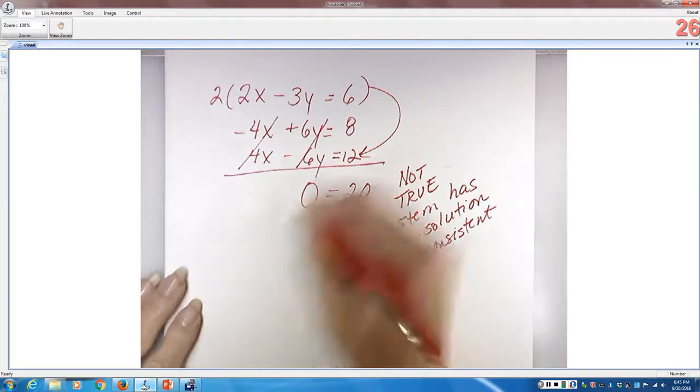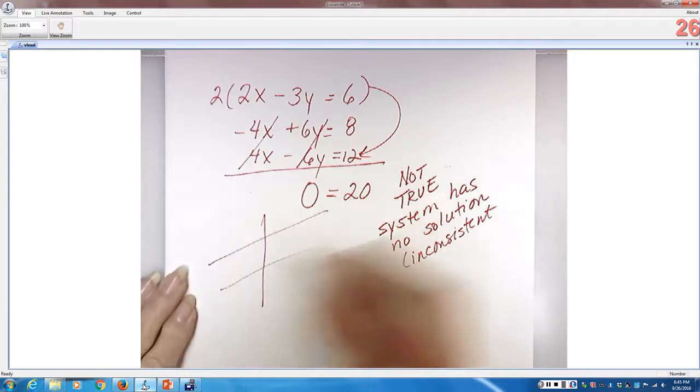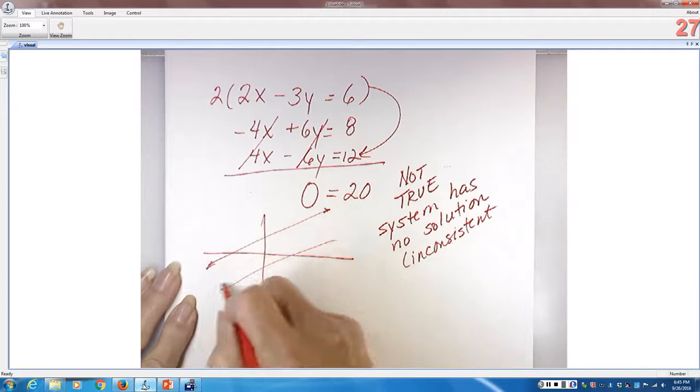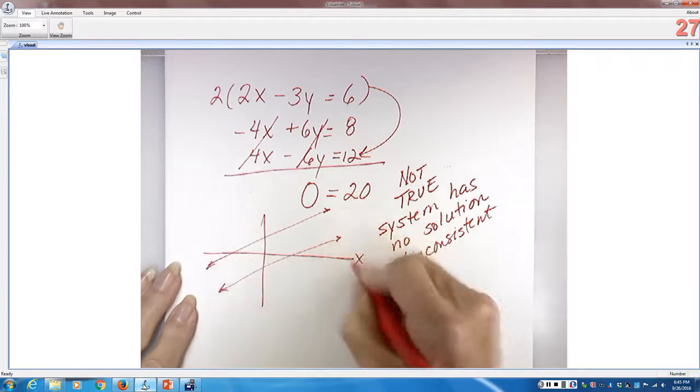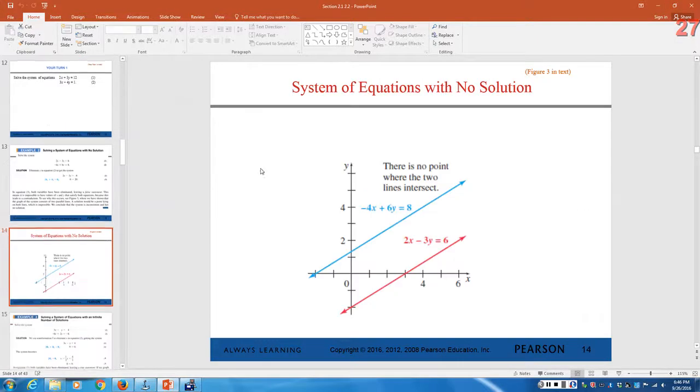So if you graphed this system, that's what you get. You get parallel lines because they had the same slope. That's an illustration of the parallel lines.